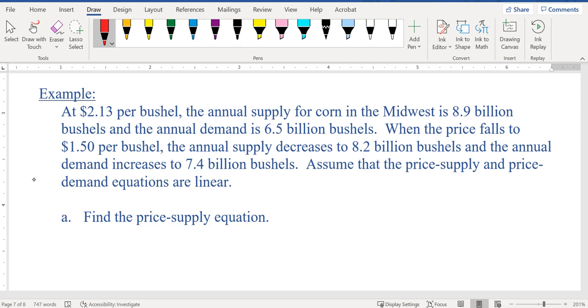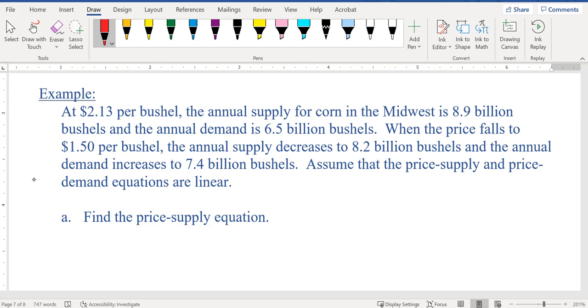When the price falls to $1.50 per bushel, the annual supply decreases to 8.2 billion bushels, and the annual demand increases to 7.4 billion bushels. Assume that the price supply and the price demand equations are linear. The first part of this problem asks you to find the price supply equation.